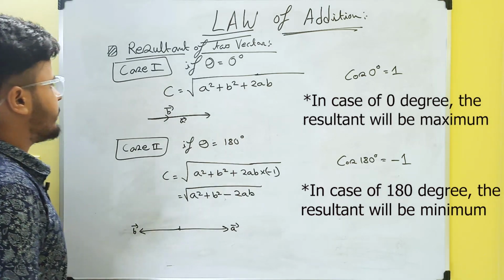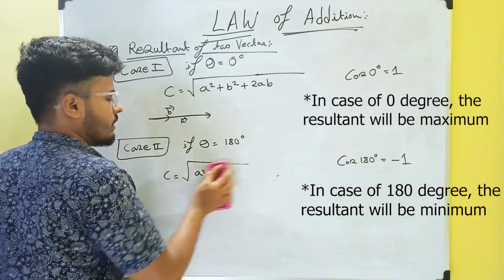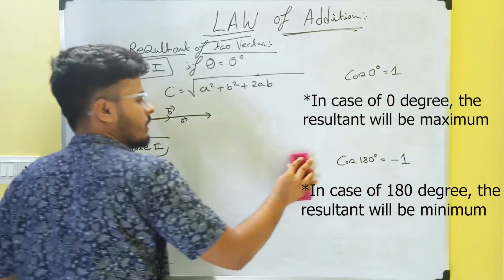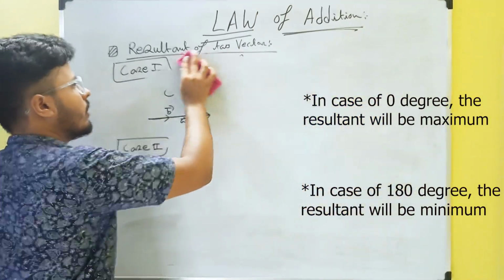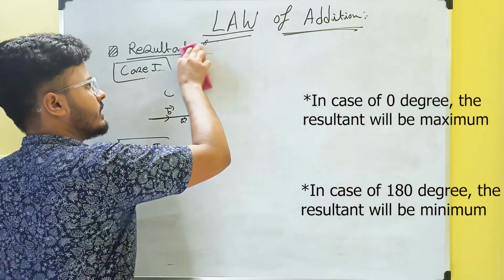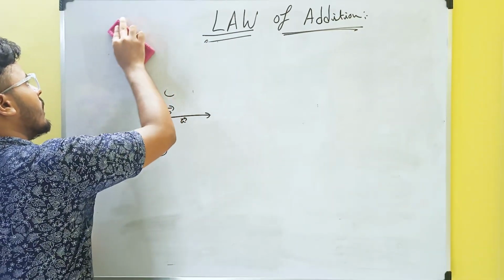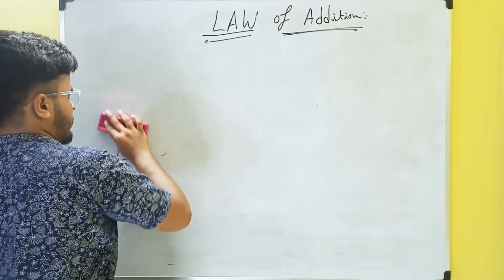So let's move on to the next law, the last law of addition, which is the polygon law. Basically, you can see that every law is a variation of the triangle law of addition, right?